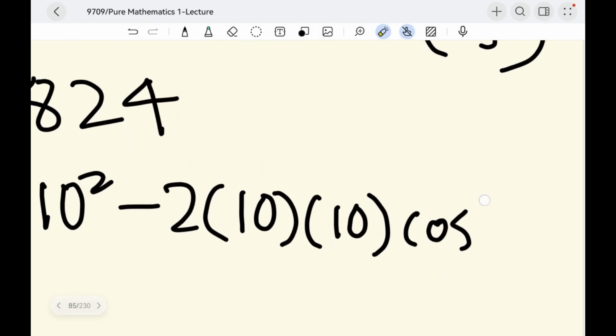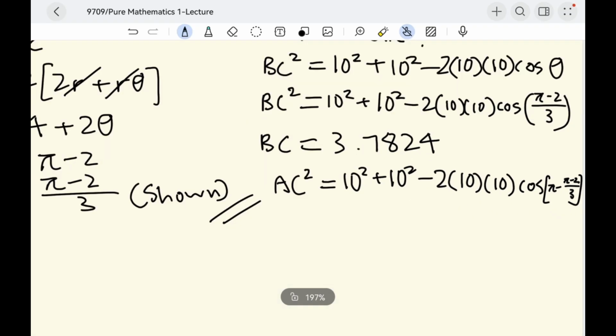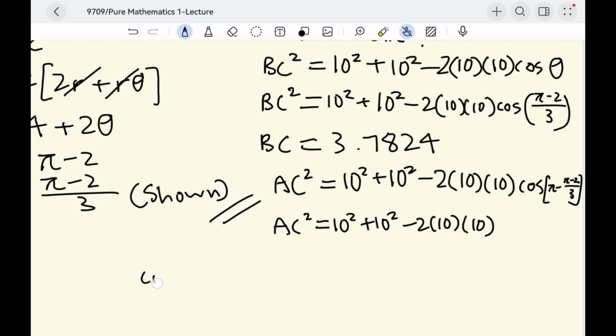So I can directly write it over here, pi minus 2 over 3, if you wish. For the desired workings, I may leave the angle inside the cosine in exact form before the evaluation of its decimal value for the length of AC.